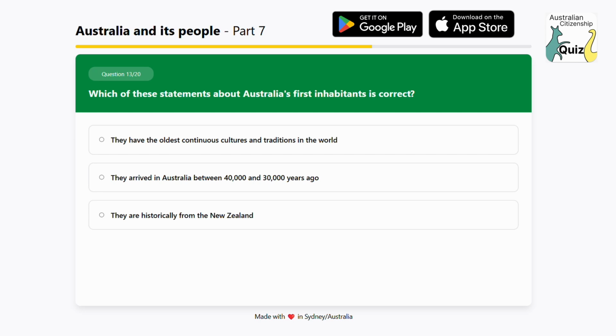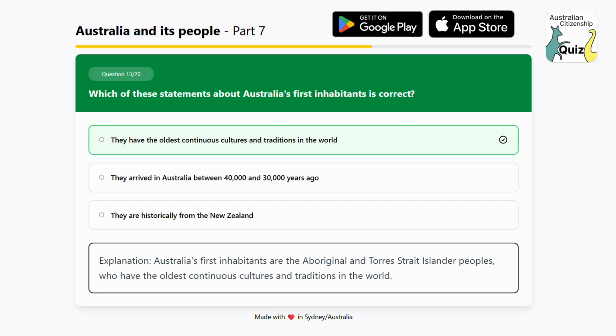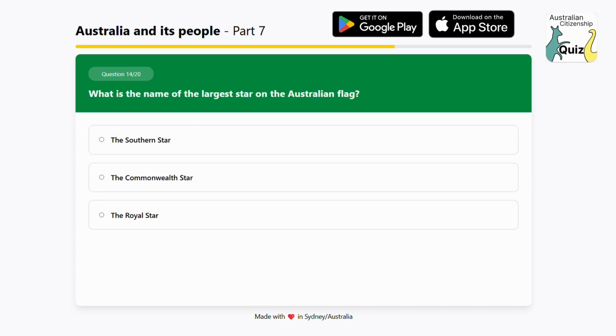The answer is, they have the oldest continuous cultures and traditions in the world. Explanation: Australia's first inhabitants are the Aboriginal and Torres Strait Islander peoples, who have the oldest continuous cultures and traditions in the world.